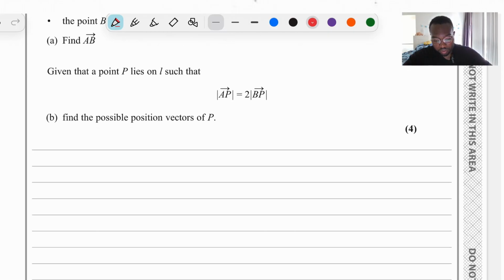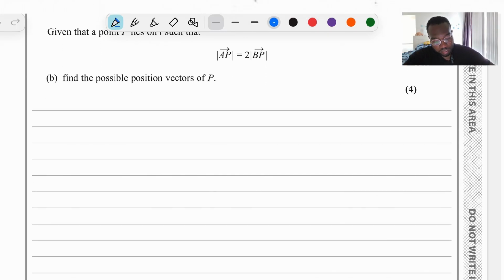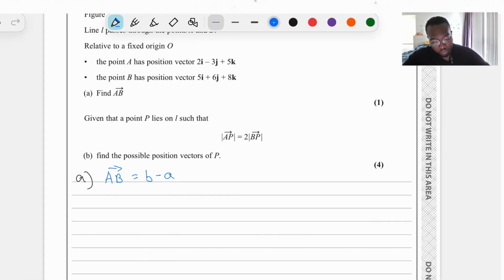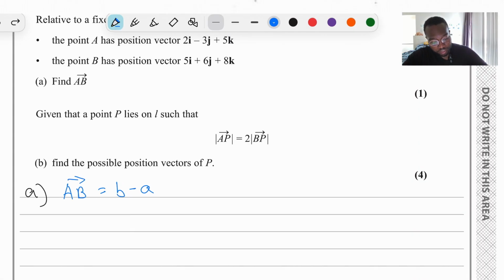So first question, very simple. With the vector AB, we know that AB is effectively B minus A. And then we have the position vectors of B and A. So we just need to work that out. B has the position vector 5, 6, 8.